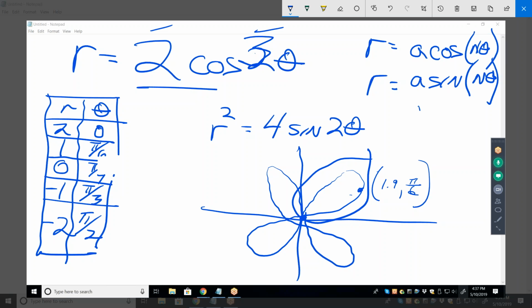So the sine of a third or fourth quadrant angle is always negative. So when theta is between pi over 2 and pi, that's negative, always. And yet r squared is equal to that, which is impossible. So that's why there are no r values when theta is between pi over 2 and pi.